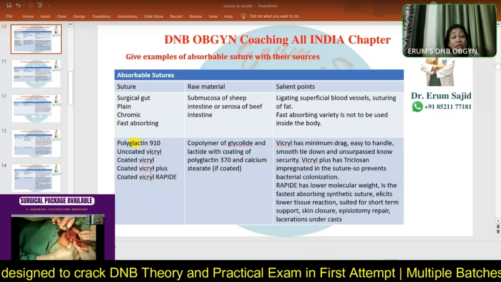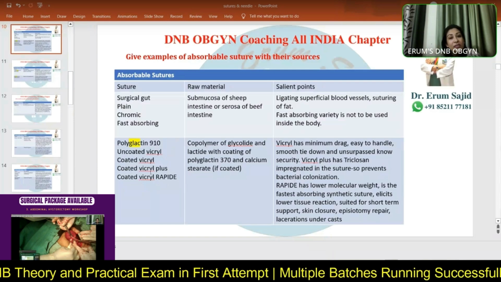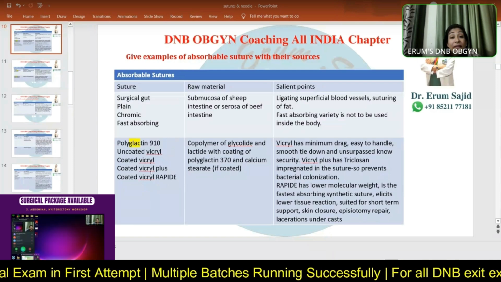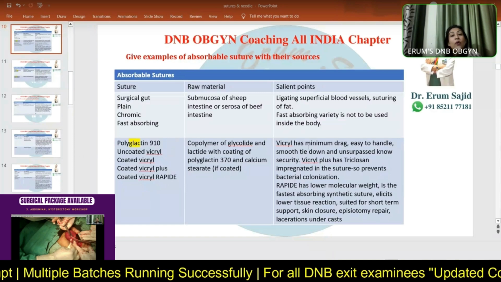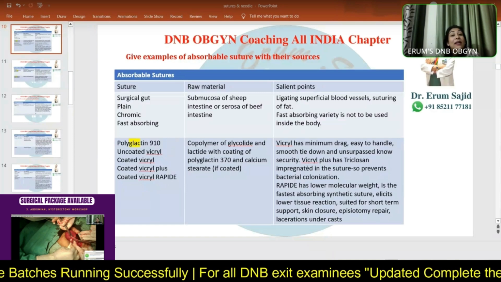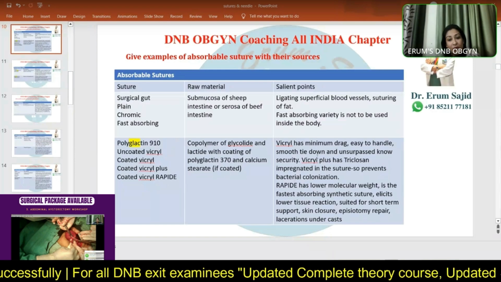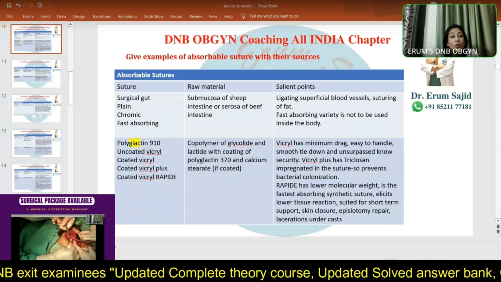In that case, you need to know just by the color coding, which is almost the same. So you can easily figure out that this is Vicryl, but which Vicryl, I'll tell you as we move further. All you have to remember is that Vicryl is a multifilament absorbable suture. That I'm not going to let you go away without knowing.